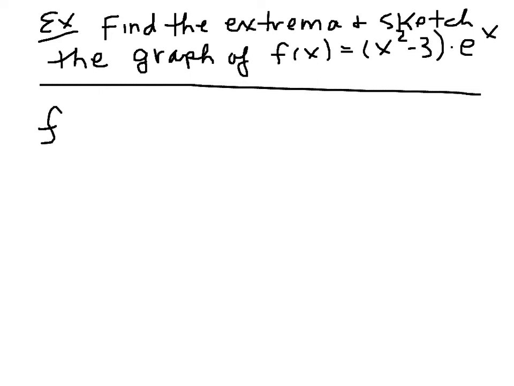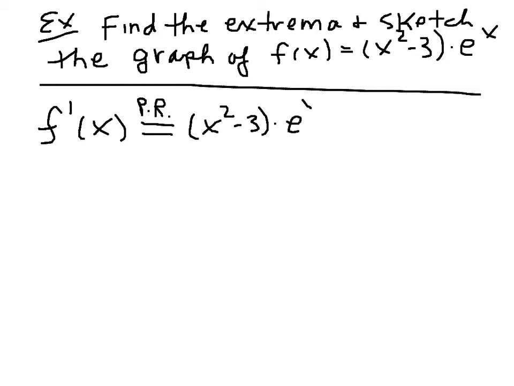So we begin by taking the derivative, and for the derivative we need the product rule, and so it's going to be the first times the derivative of the second plus the derivative of the first times the second.